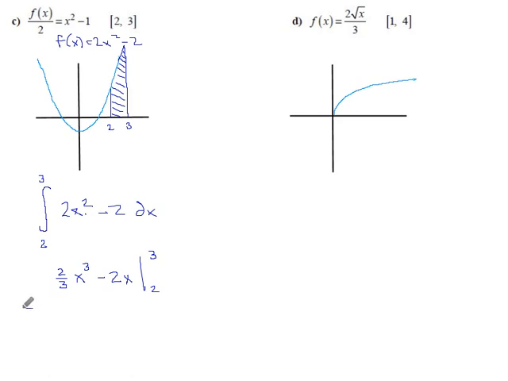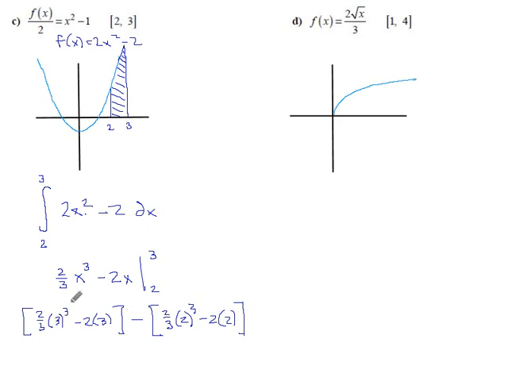So when we put 3 into this, we get 2/3 of 3 cubed minus 2 times 3 minus, and now we put 2 in and do all that again. 2/3 of 2 cubed minus 2 times 2.